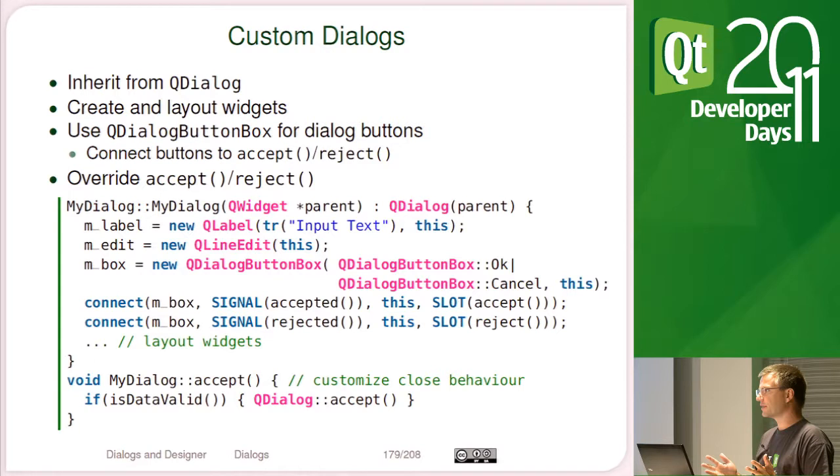If it's closed with the cancel button or with the close button of the system menu, it gets rejected. So that's the way you should handle dialogs. You should not say if the cancel button is clicked, because it could be closed by the system menu with the X button on top.